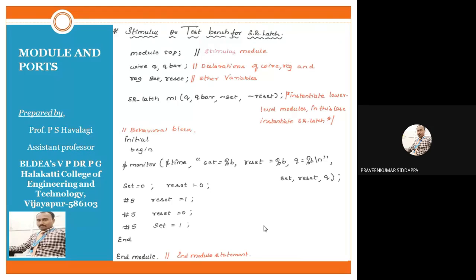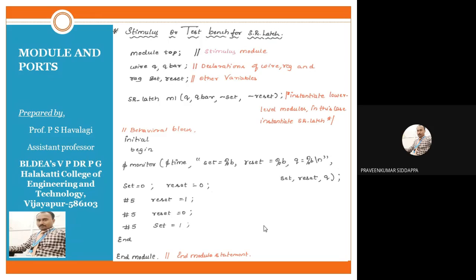After that, next are the outputs. There are two outputs in your SR latch, Q and Q bar. If you require both outputs, we have to initialize both variables in your code. If you require only one, you can write only one.